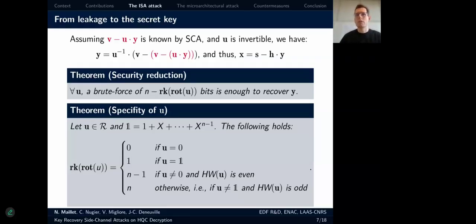We made 5 million samples to test it, and on those samples none of them were of a value of 0 or 1, and it was quite 50-50 for the values n-1 and n. So what those theorems show is that either you don't need to do a brute force to recover y, and so x, or you just need to do a brute force of length 1. So it's quite easy, right?